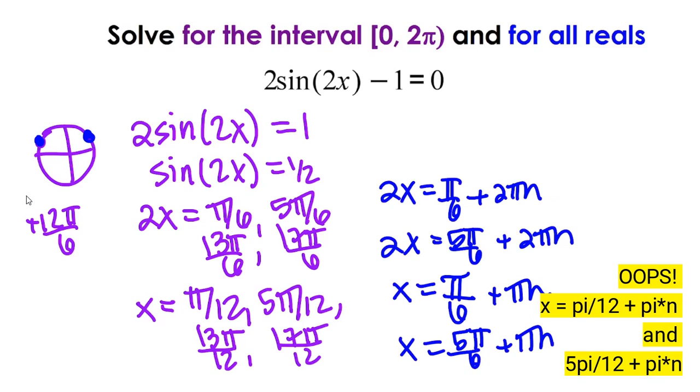And then you should see that this will get you the same, like this will cover those other answers. And so we can have these 4 answers for the purple interval, and these 2 equations for the all reals.